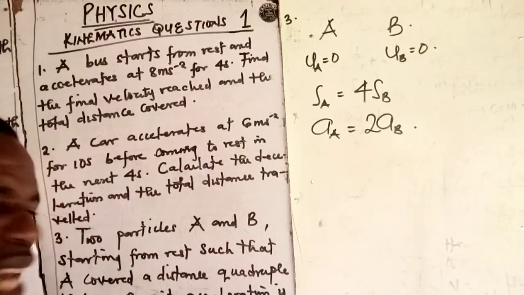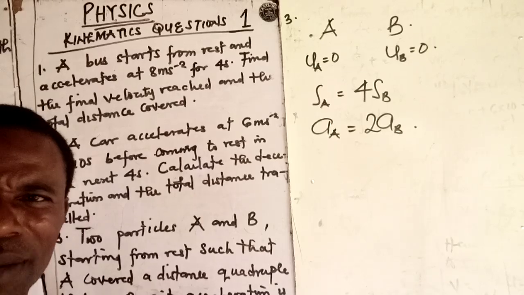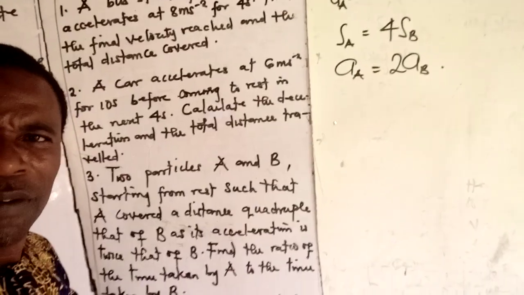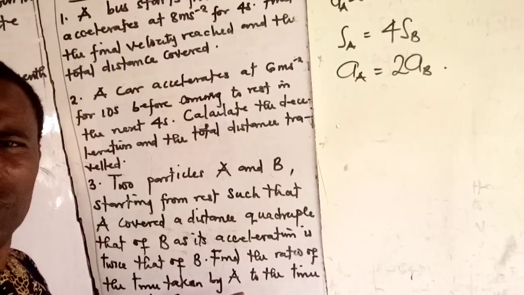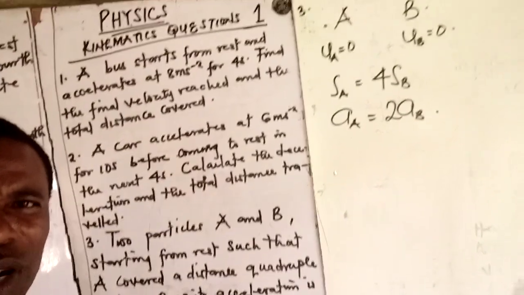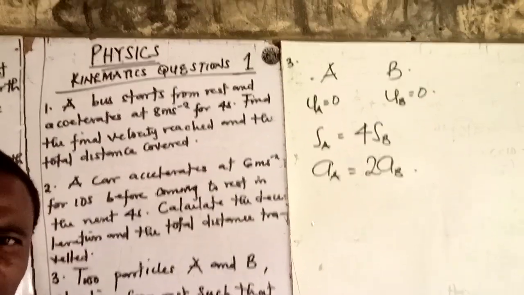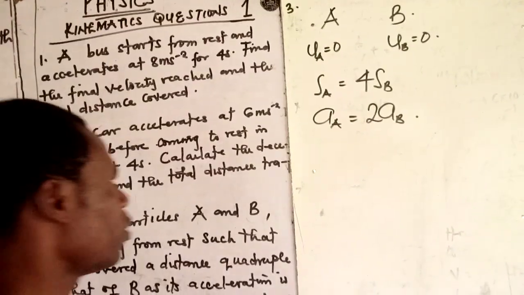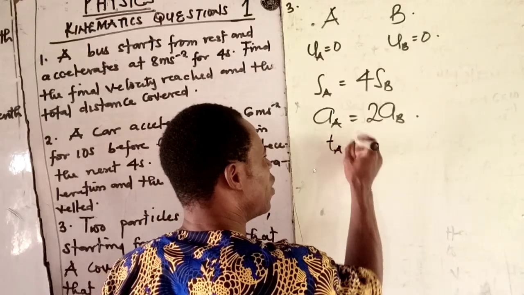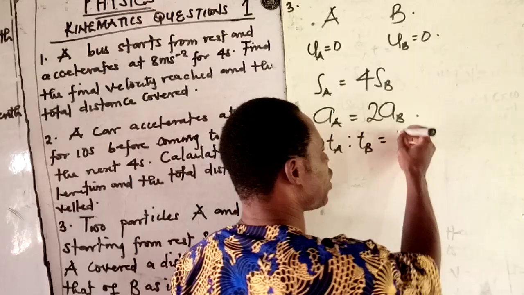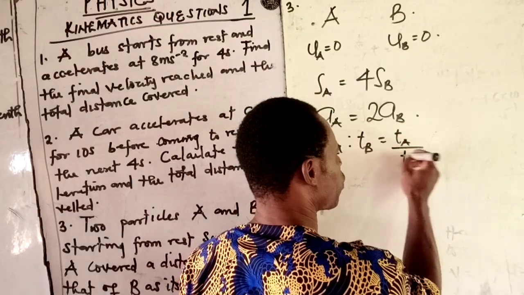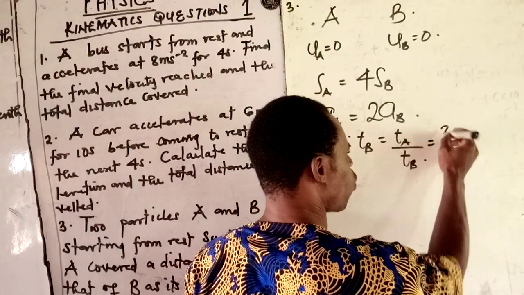Find the ratio of the time taken by A to the time taken by B. We are looking for TA ratio TB, which is automatically TA over TB.